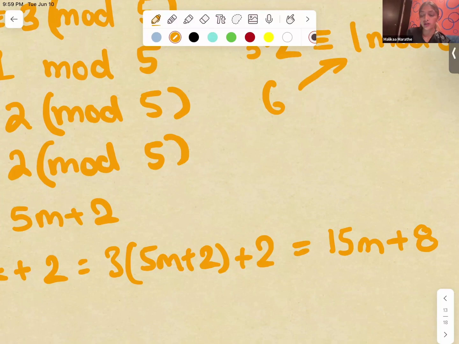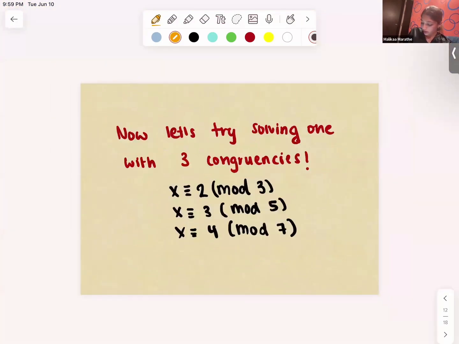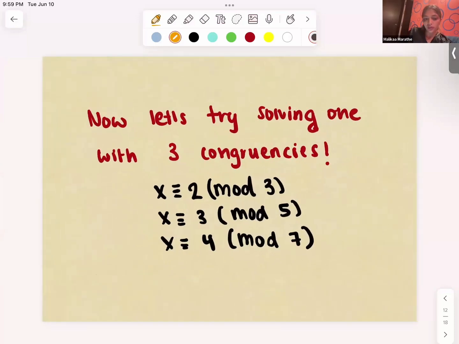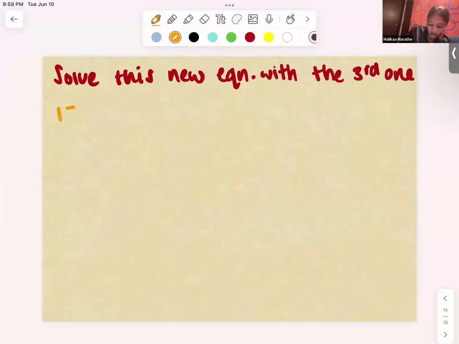All right, so this is our new value of x that we see here. Now we're going to use the third equation. So the third equation is x is congruent to 4 mod 7. So that means, since we know x is 15m plus 8, that means 15m plus 8 is congruent to 4 mod 7.